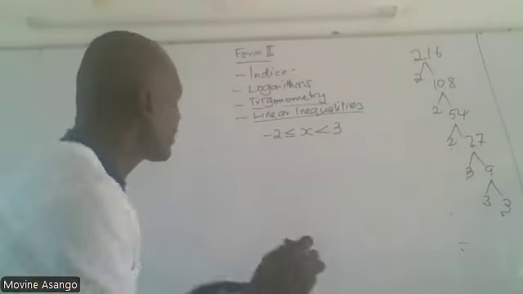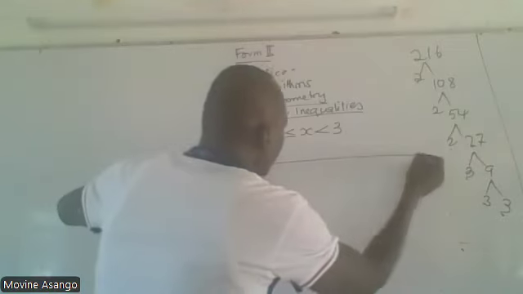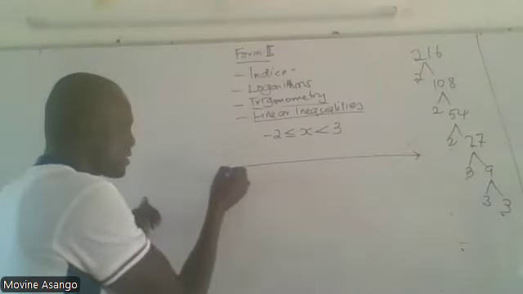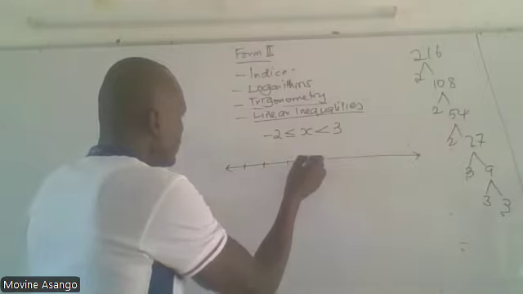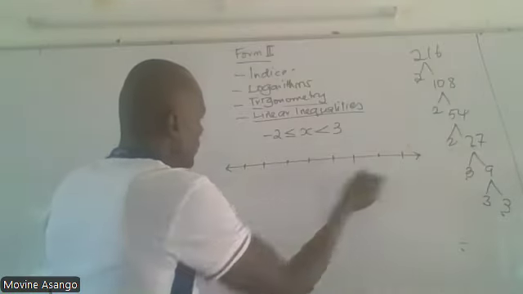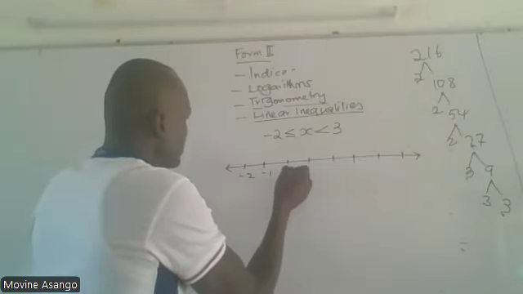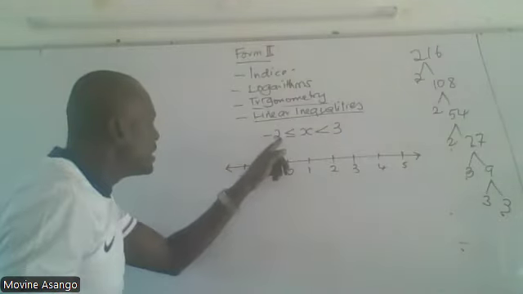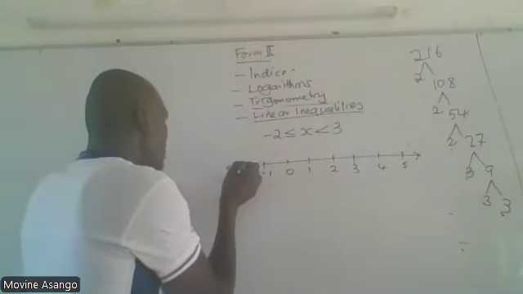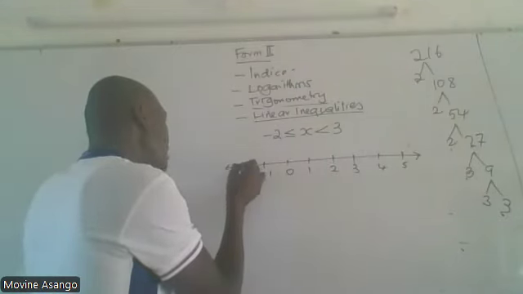A number line is a simple thing. You take your ruler, draw a straight line, put arrows on both ends, subdivide it equally: -2, -1, 0, 1, 2, 3, or even up to 5. It begins from -2, less than or equal to, which means I shade it.